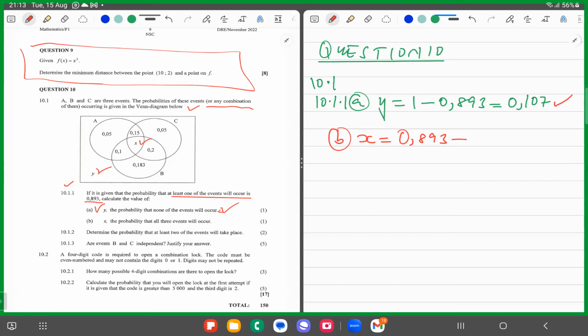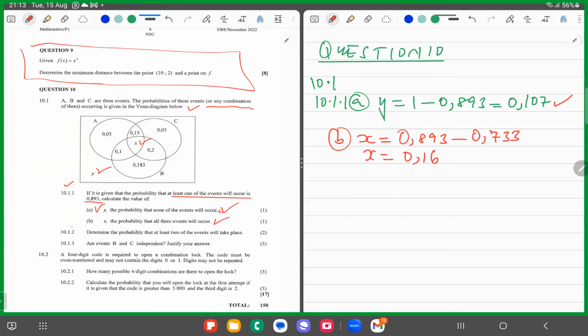If you add those probabilities outside, it would be 0,733, the probabilities around X, which means that X is going to be 0,16. So the probability that all three events occur is 0,16.